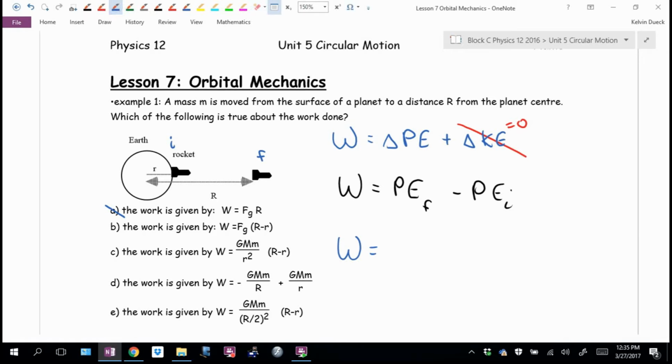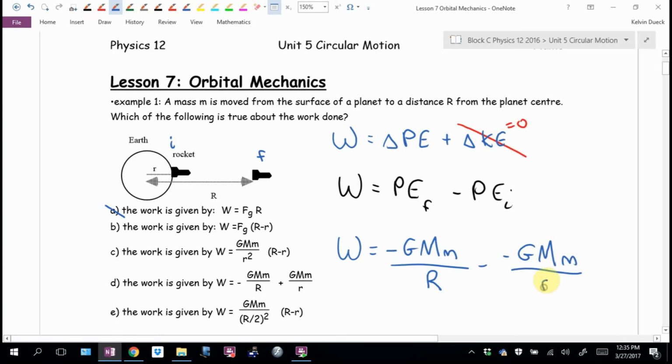So I have to use my cosmic potential energy equation, which was negative big G, big M, little m over R final, which I think in my diagram, Priya, is capital R. Minus negative big G, big M, little m, all over R initial, which I think in my diagram is just lowercase r. Taylor, what's a minus minus the same as?